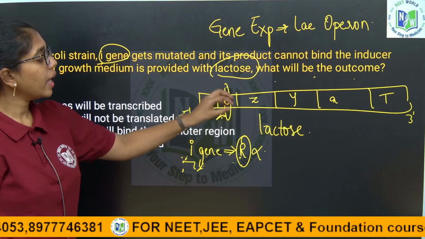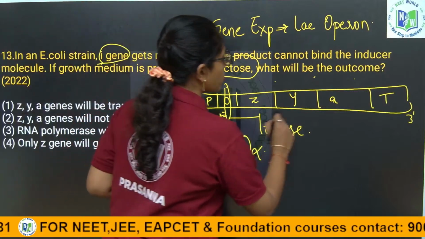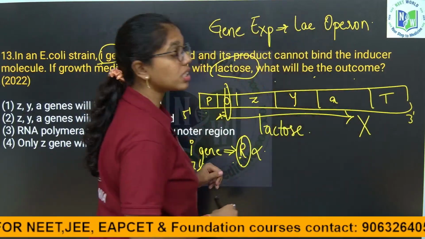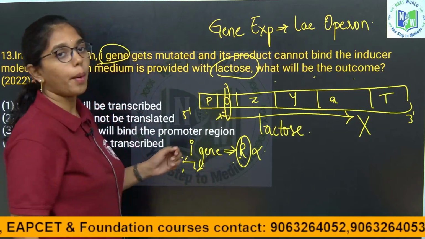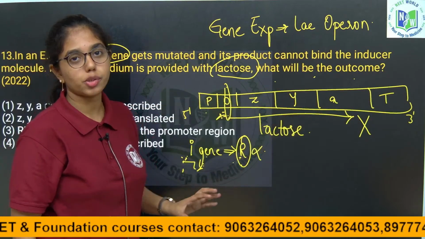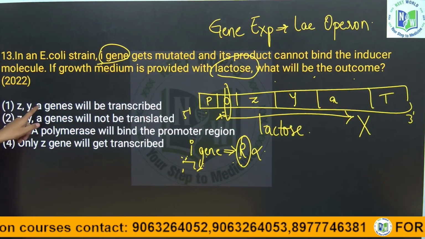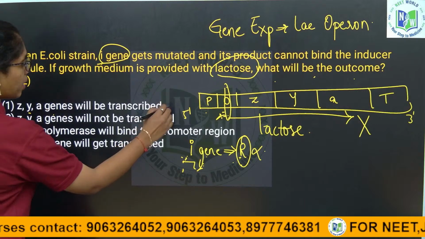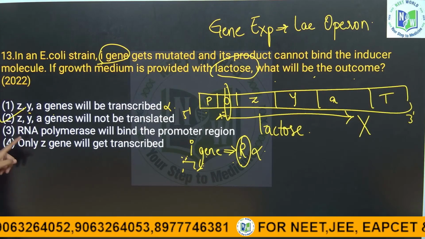So, here even though lactose is present, the gene expression will not take place, because previously only the repressor has bound to the operator in the continuous gene expression process. Okay. So, here what will be the answer? ZYA genes will be transcribed, wrong; ZYA genes will not be translated, correct.